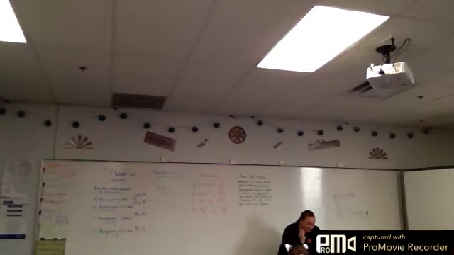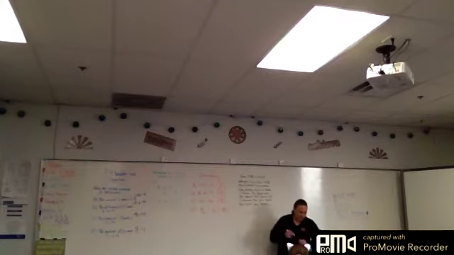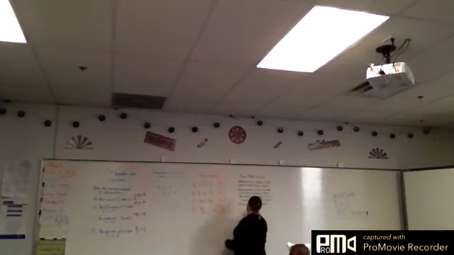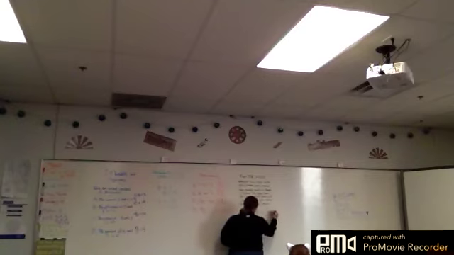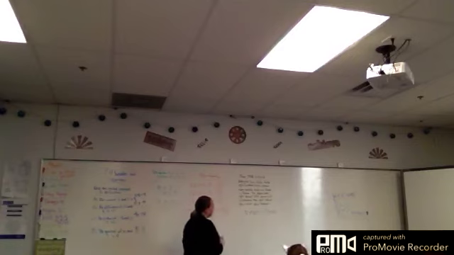So I need to set up an equation to see how old this was. The oldest seed was about how old? 500. It says estimate the year when the seed was formed. So if I say x plus 500 equals what? 2000.